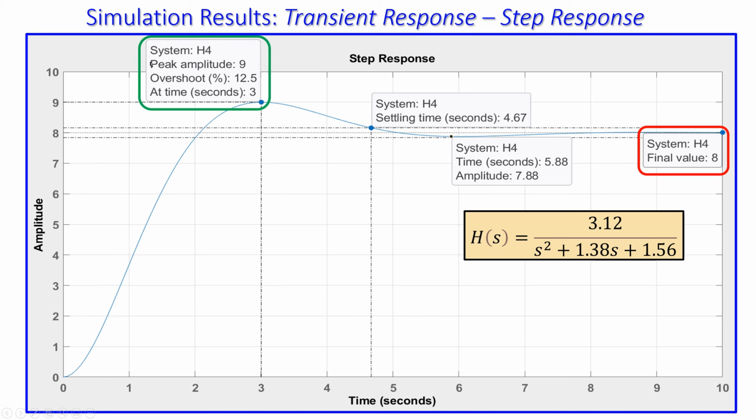One way to reason about this is the following. The settling time formula we have used, 4 over the absolute damping for the 2% criterion, is actually an approximation.